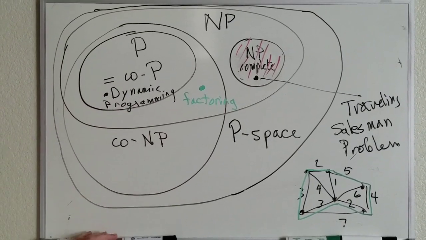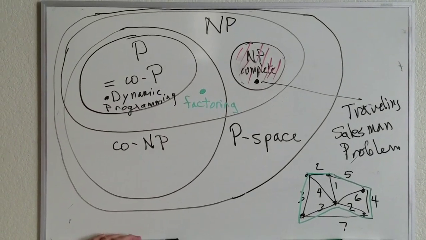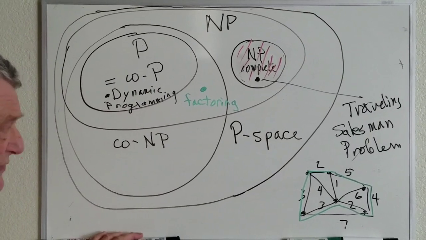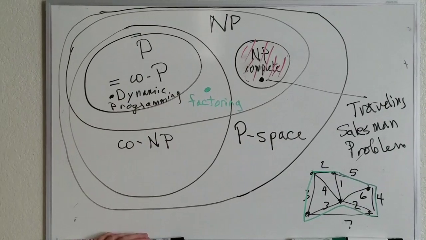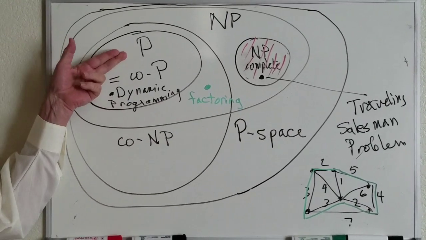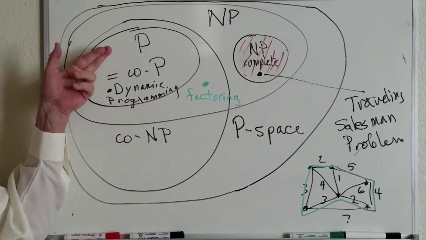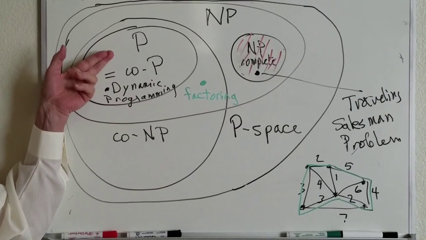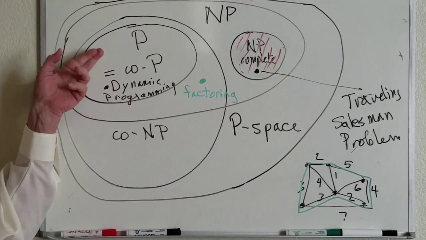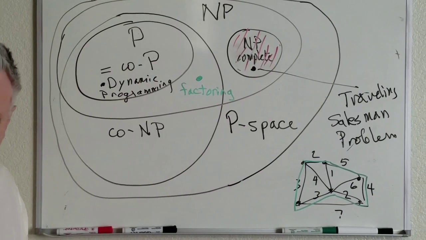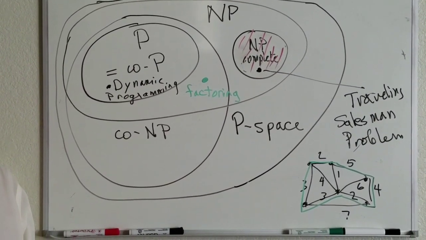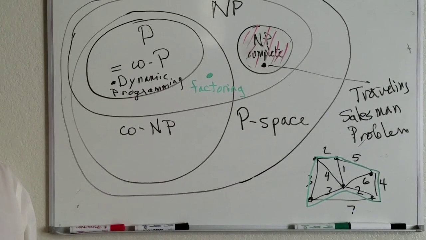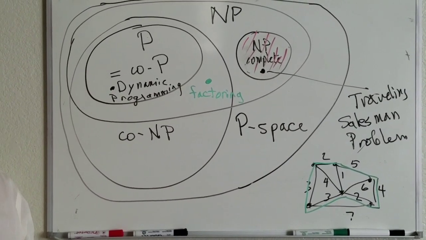All right, now what I said was every class of languages has its co-class, or complementary class. And the complementary class of P is then, P is all the languages which can be decided in polynomial time, and co-P is the class of all languages whose complements can be decided in polynomial time.